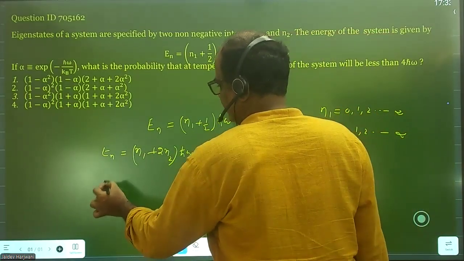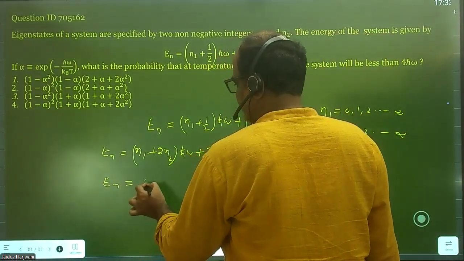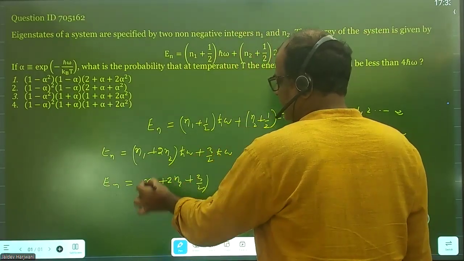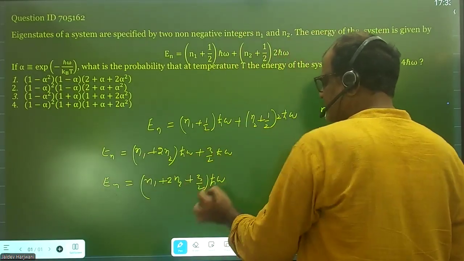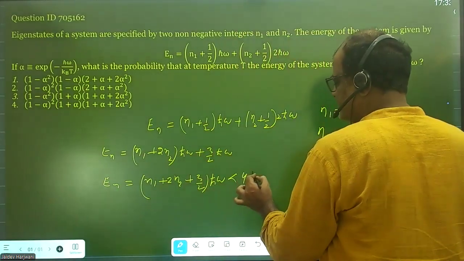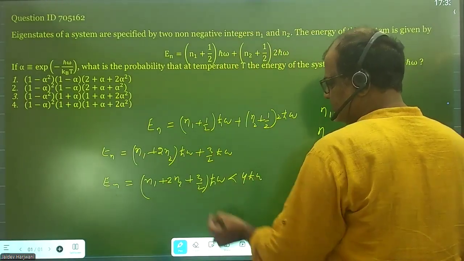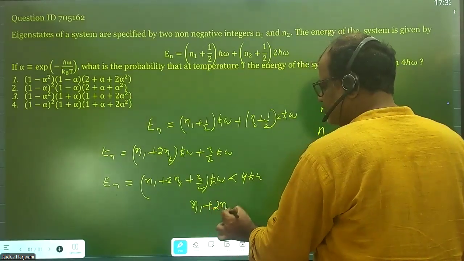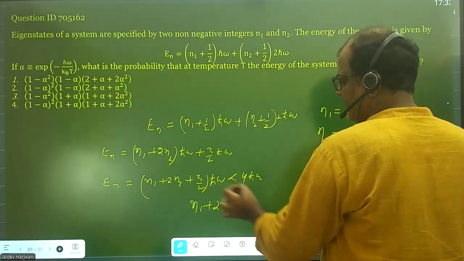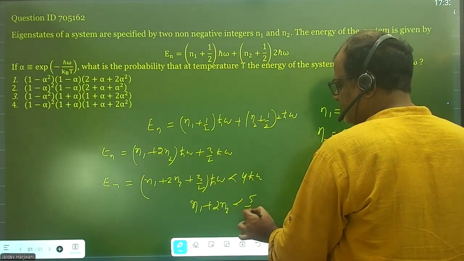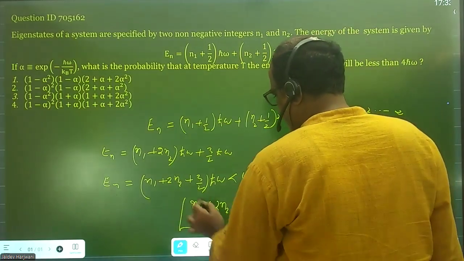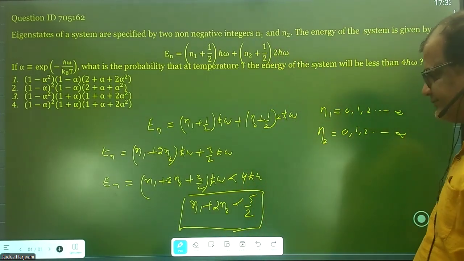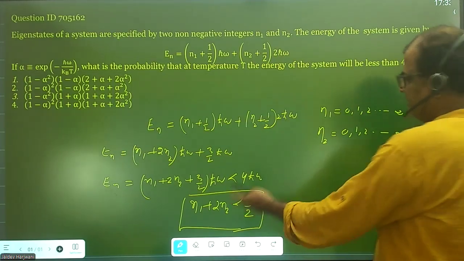So basically the energy is (n1 + 2n2 + 3/2)ħω, and this energy has to be less than 4ħω. If I solve this, n1 + 2n2 should be less than 4 minus 3/2, which is 2.5, that is 5/2. This is the condition to be applied if I want my energy to be less than 4ħω.